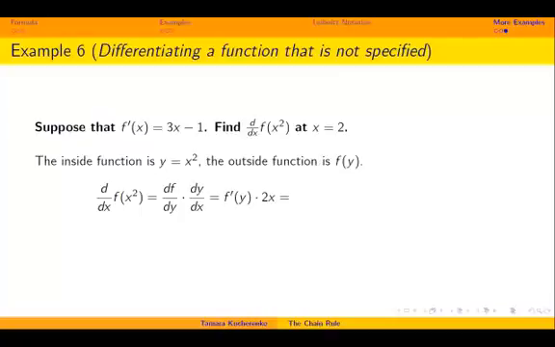We know what the derivative of f is. F prime of y equals 3y minus 1. Substituting x squared instead of y in this expression, we get 3x squared minus 1 times 2x.